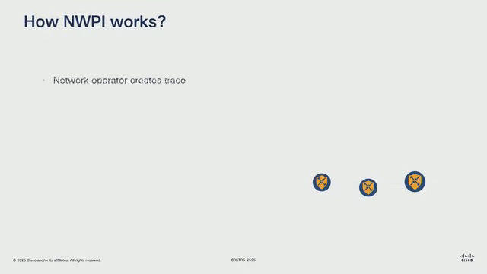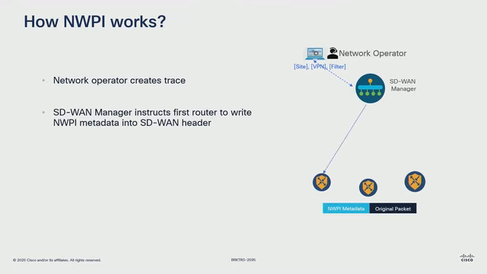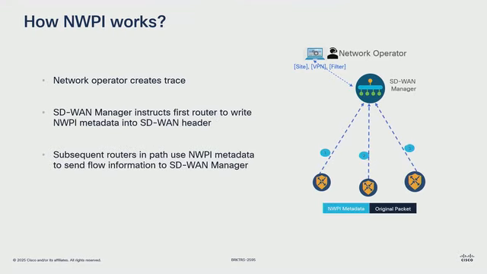Again, how it works: the network operator creates a trace. As soon as the trace is created, your application data, or the original packet, is added with the NWPI metadata. As soon as this metadata reaches n number of hops, whatever hops are in between, they will automatically react to the metadata and send the flow data towards our SD-WAN Manager.